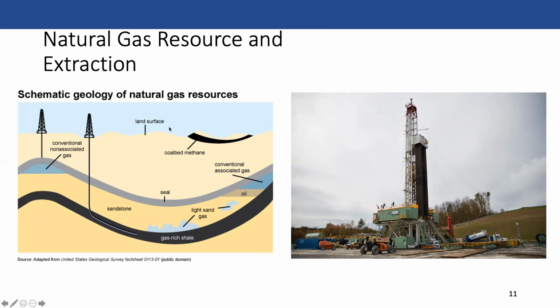There are alternative ways of extracting natural gas resources, such as from shale, which we'll talk about a little bit later. But conventionally, you just drill straight into your conventional gas resource and suck it up to extract your natural gas.